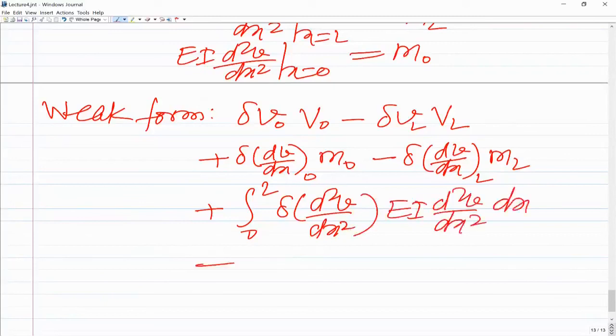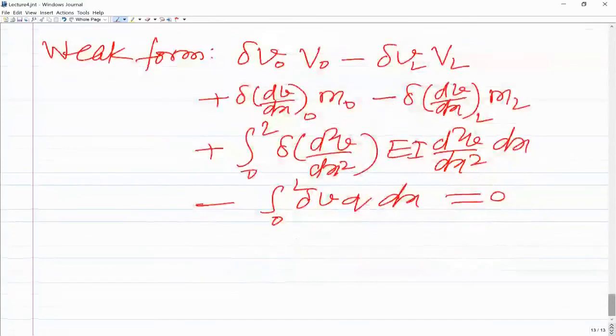Minus, we can write this as integral 0 to L delta v q dx equal to 0. Now what you have to do is take this variational operator delta common.